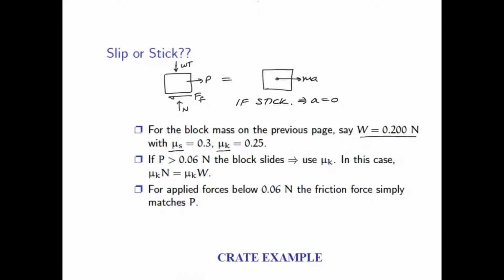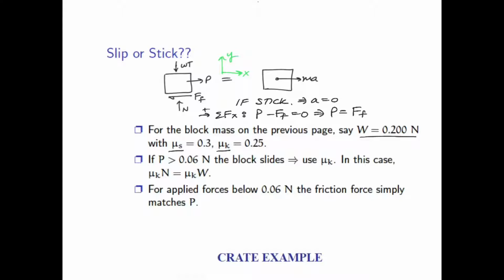And that would tell us, if we sum forces in the x direction, and put our coordinate system on there, that P minus the force of friction equals 0, which is going to tell us that the force of friction is equal to P.